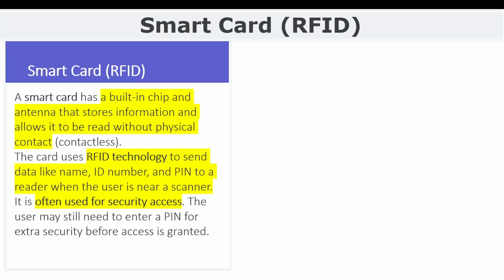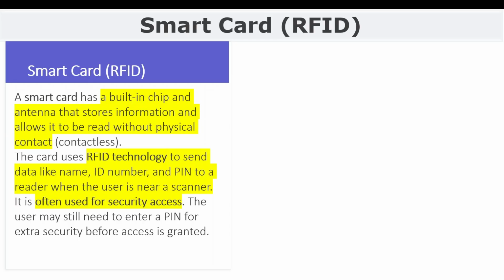Now, in some instances, there's a need for a double verification where you need to enter a PIN for extra security before access is granted. Typically, you have some bank cards that are smart cards in the sense that you just have to tap it or hold it at a distance from the POS, and it is able to deduct money from your account.